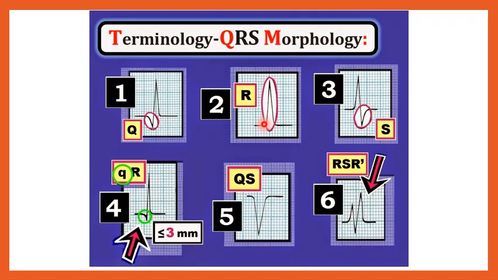And that leads me into my next definition. An R wave is any positive complex or positive wave of the QRS. Here in number 2, you see we have just one big tall QRS complex. That's what we would call it, right? But technically it's just an R wave, a tall R wave. Now compare it down here with number 6.